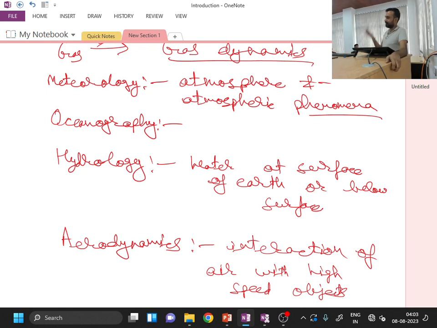Apart from that, depending upon the specific application, there can be another name. For example, in present days, you might have observed during this COVID era, there was lots of interest in developing biomedical equipment, particularly in our country. Initially there was a need for ventilators, then there was a need for oxygen. So initially people were trying to develop indigenous ventilators, then indigenous oxygen concentrators.